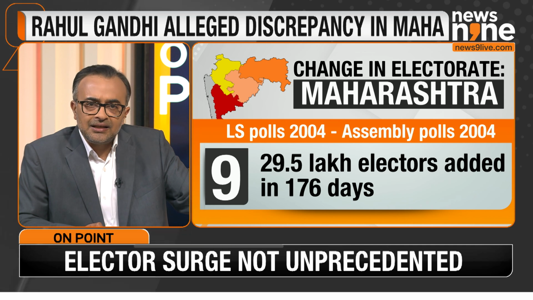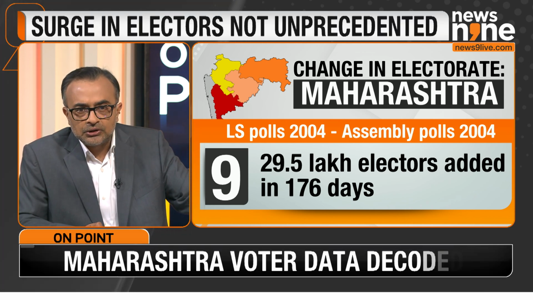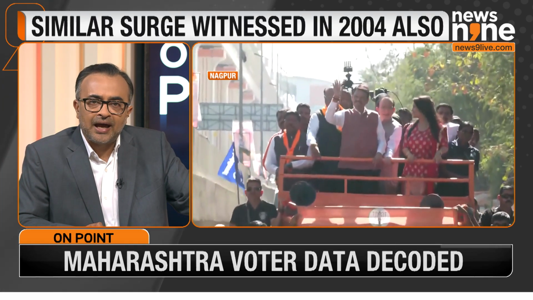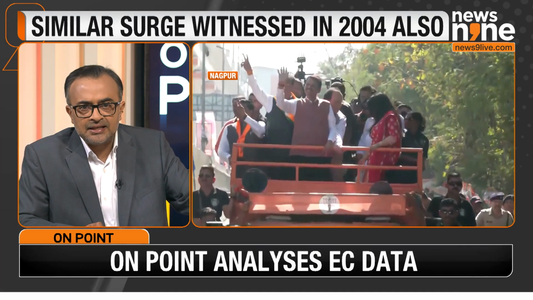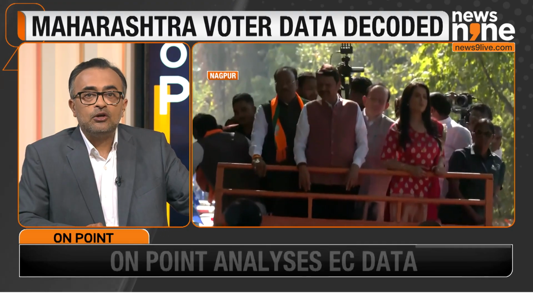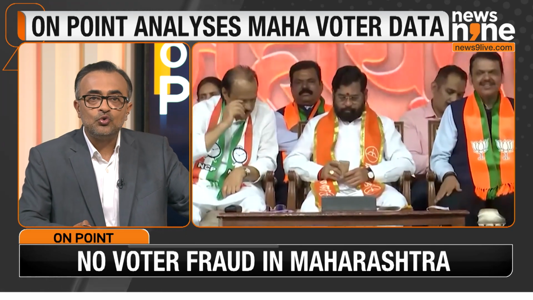As you can clearly see, a similar surge of voters between Lok Sabha and Assembly polls can be seen in 2004, when 29.5 lakh voters were added in 176 days. Similar trends were observed in 2009, 30 lakhs, and 2014 as well, which is 27.2 lakhs.